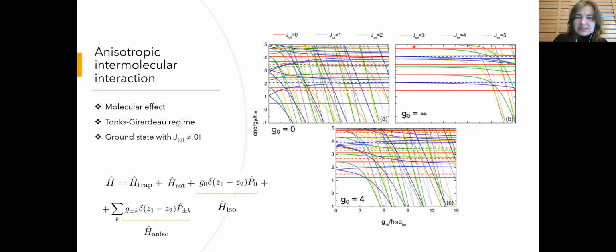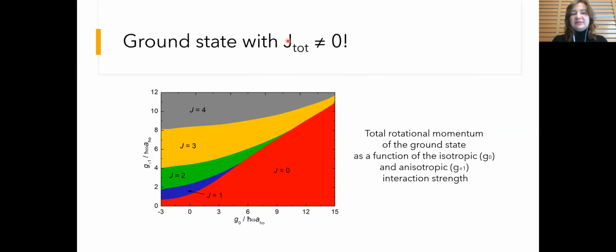But here we see that we can also have this Tonks-Girardeau regime as long as the isotropic part is much stronger than the anisotropic part. So this was the main message I wanted to convey to you. And regarding states with high J going down with the anisotropic part, we can therefore have a ground state that has a non-zero total rotational momentum, and it of course depends on the interplay of the strengths of the isotropic and anisotropic interactions.